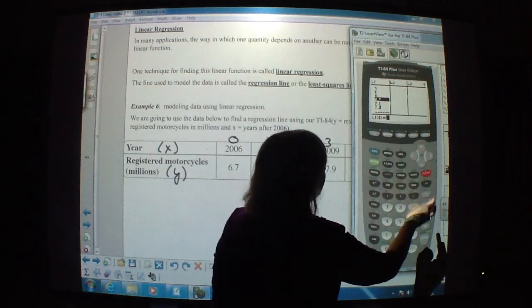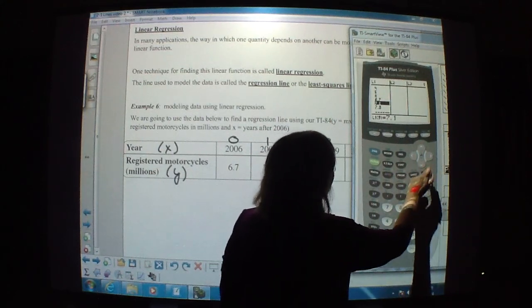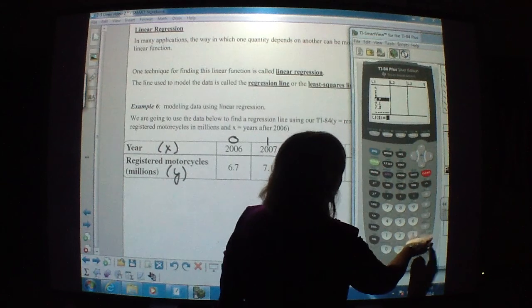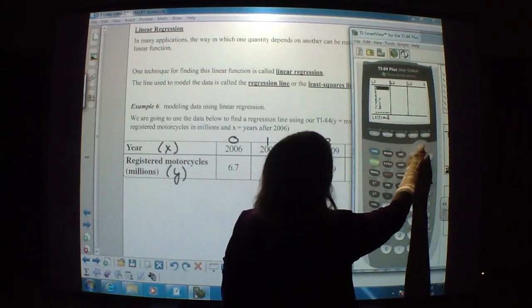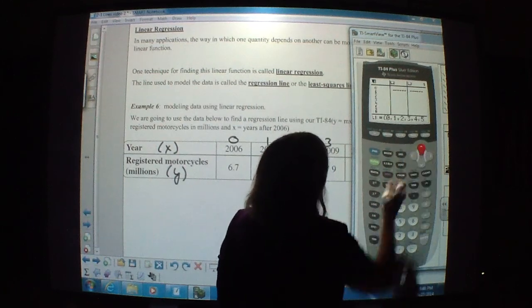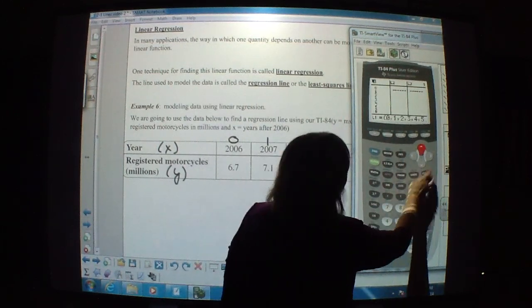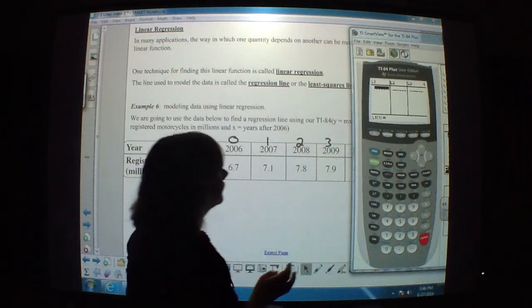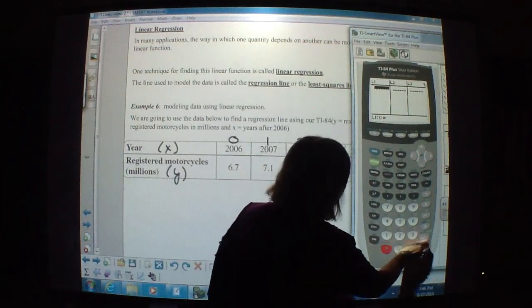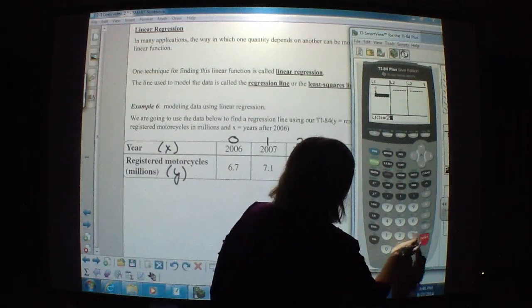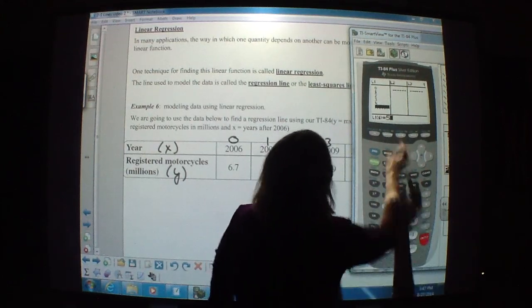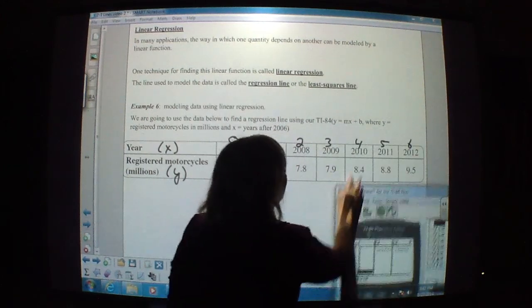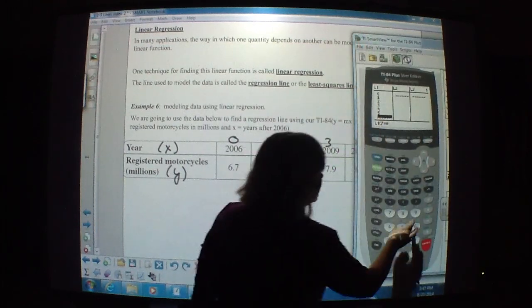So let me clear those. Clear, enter, is that what it does? Oh, let me clear the whole line. Now I can show you how to clear it with data in there. Clear, I'm going to clear the whole line and start all over again. Okay, 0, 1, 2, 3, 4, 5. And there was a 6 too.